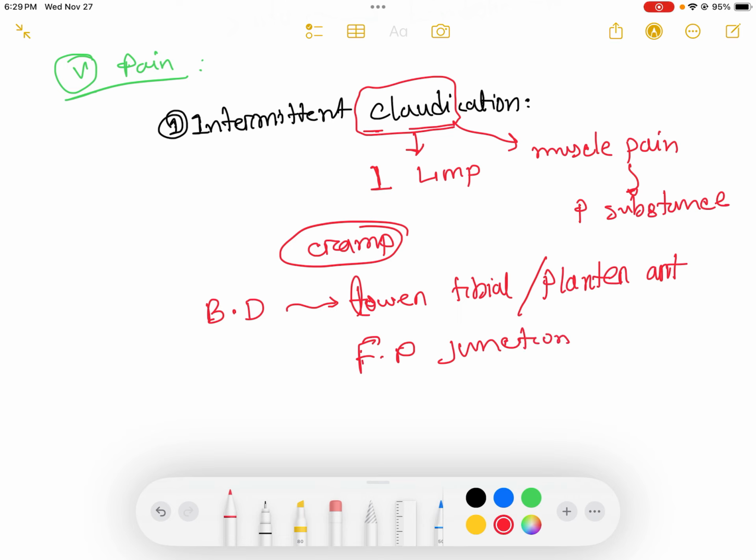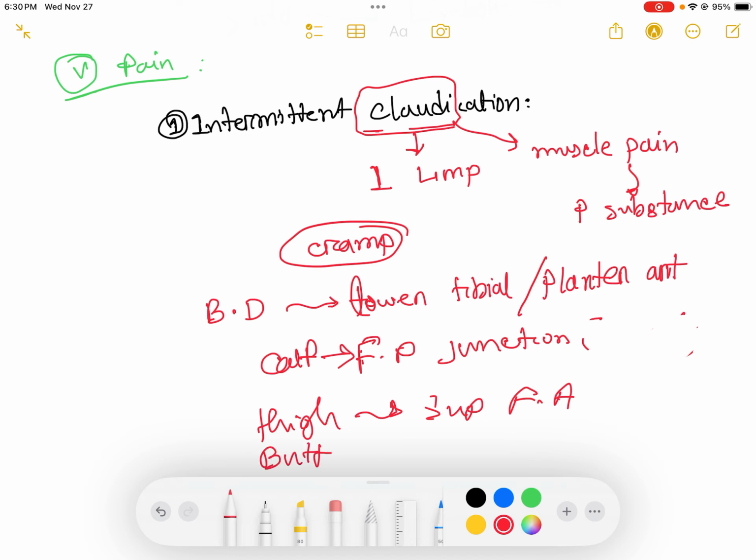In the thigh, when the occlusion is at the opening of the superficial femoral artery, and in the buttock, in case of occlusion at the bifurcation of the common iliac artery or the aorta.